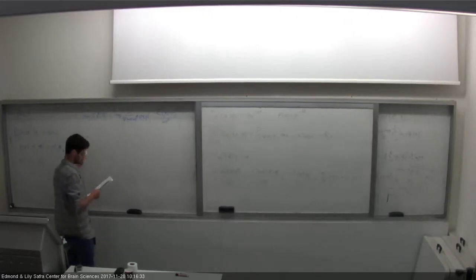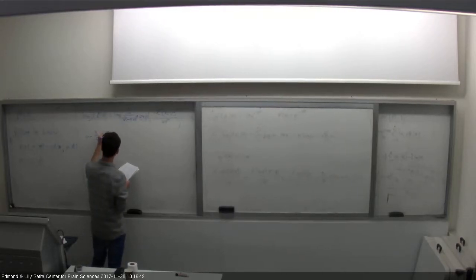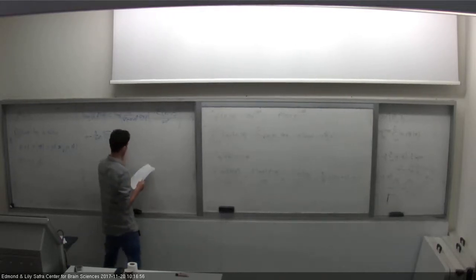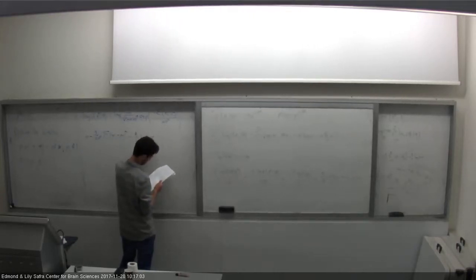This is equal to minus 1 divided by 2 sigma squared, sum over xi minus mu squared, minus n divided by 2 log of 2 pi sigma squared.